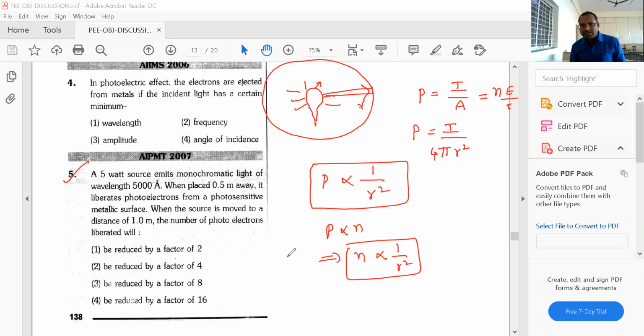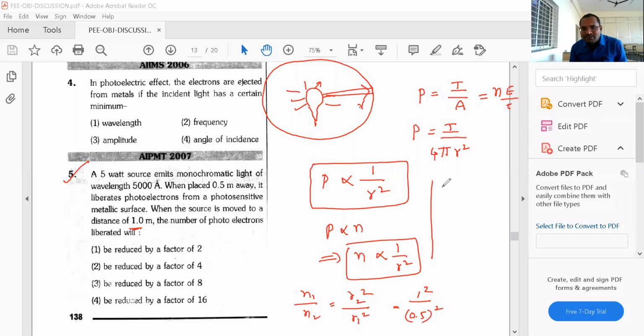New relation we have got. For example, n1 by n2 you can write as r2 square by r1 square. R2 is 1 meter, squared. R1 is 0.5, squared.